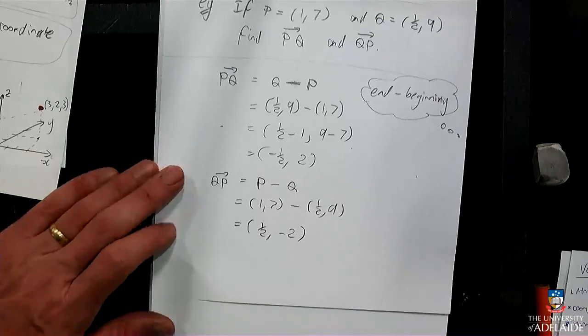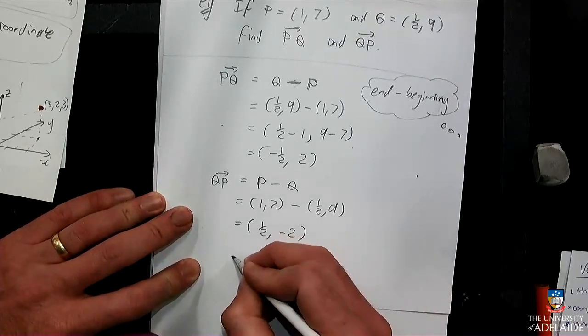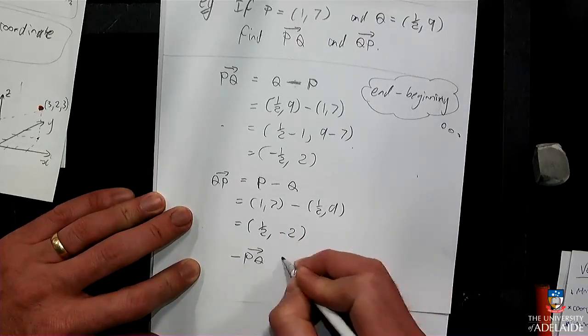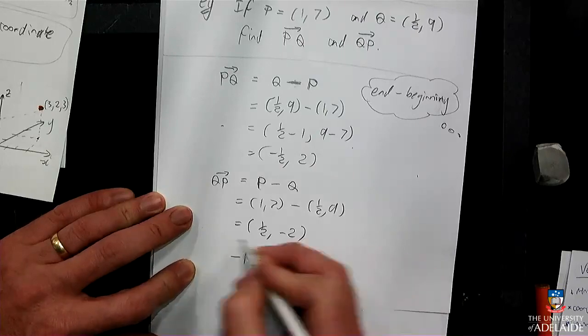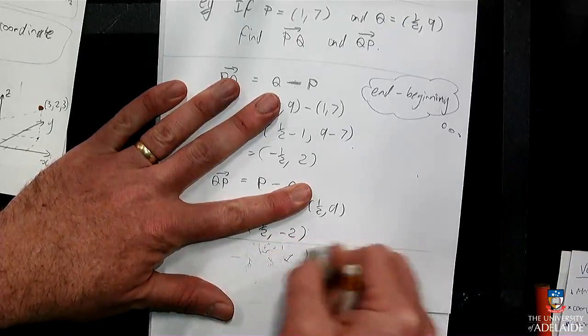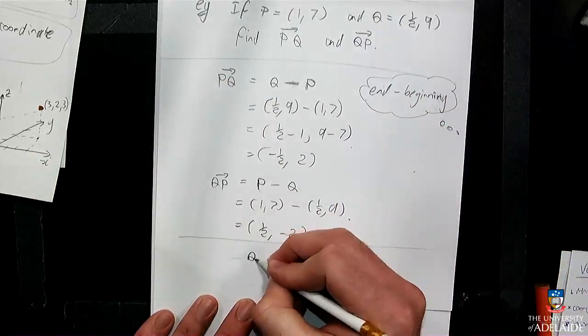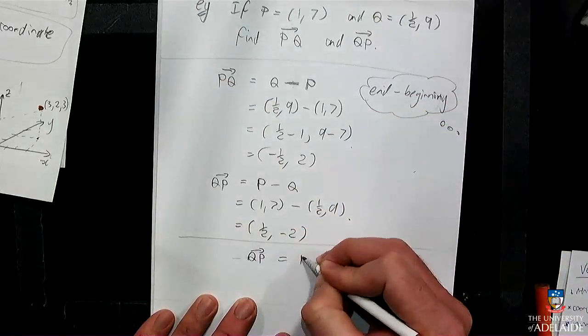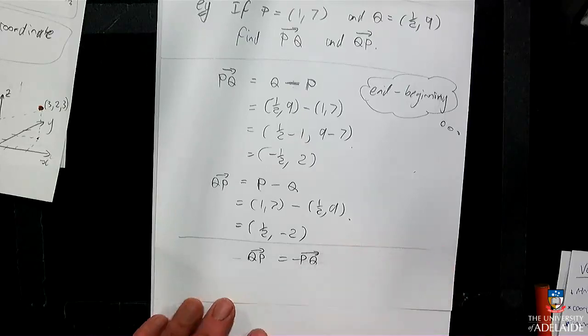But first thing that we've noticed is that QP is the same as minus PQ. That's one of the rules that we have so far.